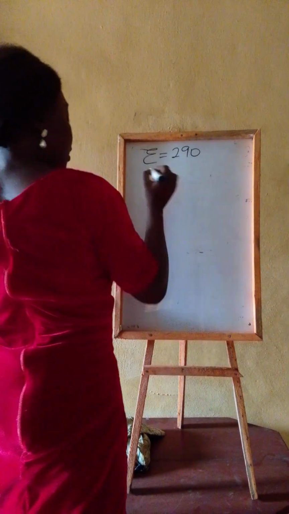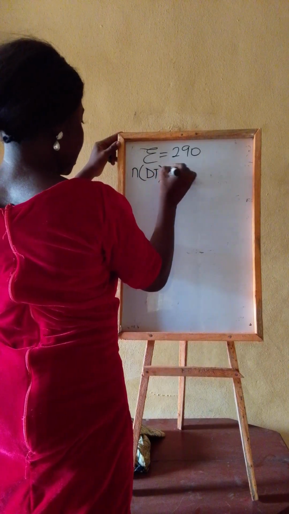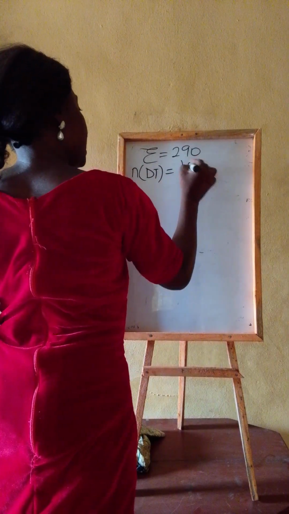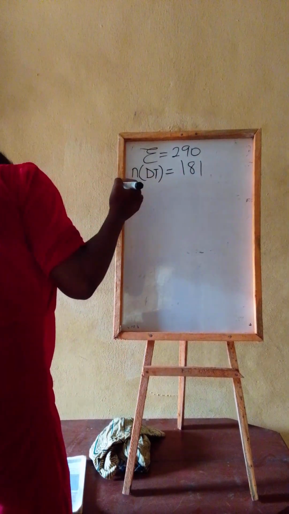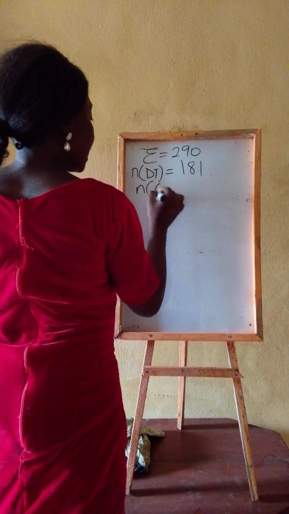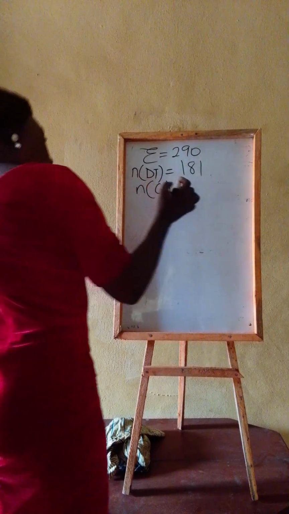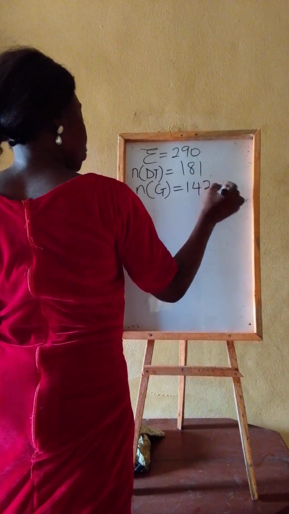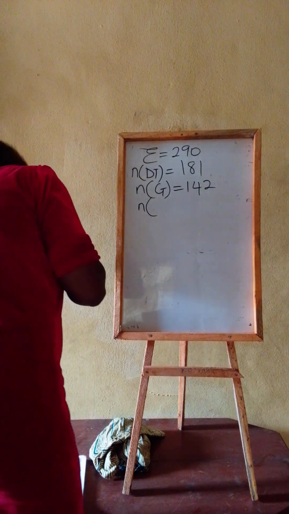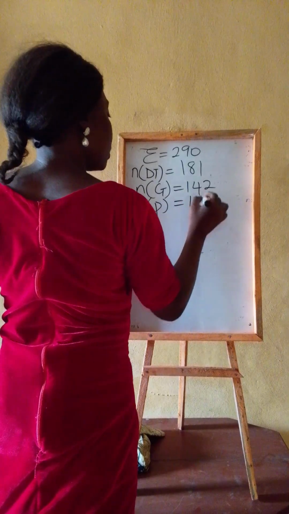Then the number that read Daily Times is 181. The number that read Guardian is 142. The number that read Punch is 117.